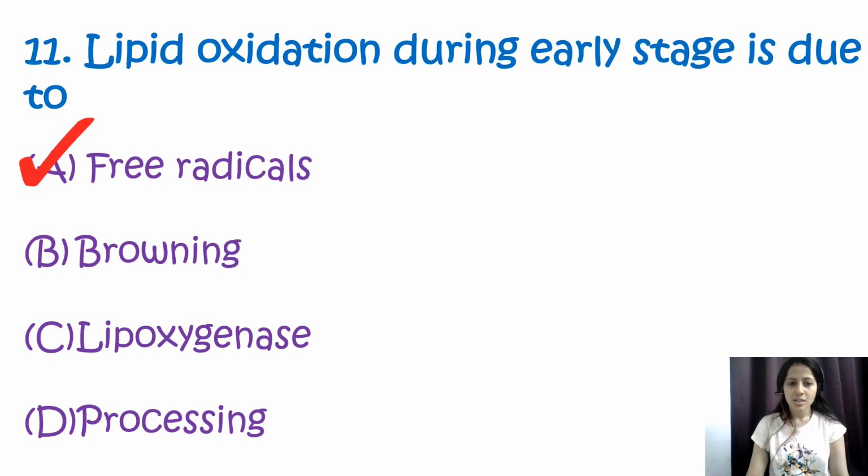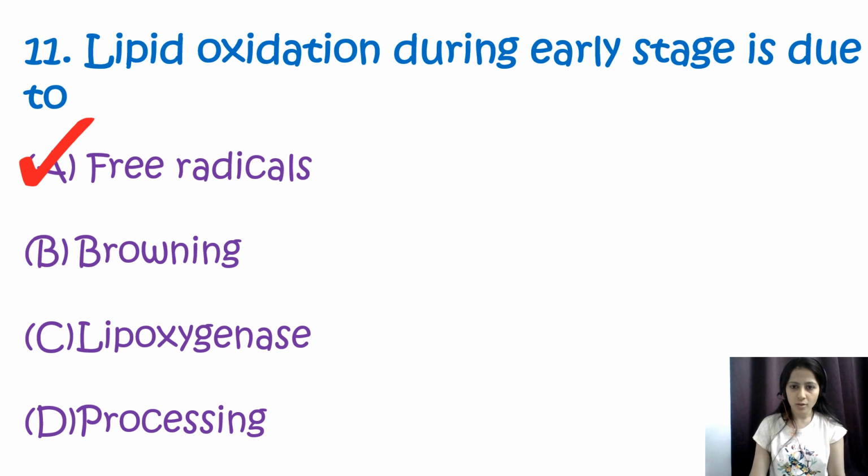Whereas lipoxygenase, we know that it can catalyze lipid oxidation. It typically plays a role in the later stage of the oxidation. Whereas what is browning? Browning is a reaction that takes place in carbohydrates.